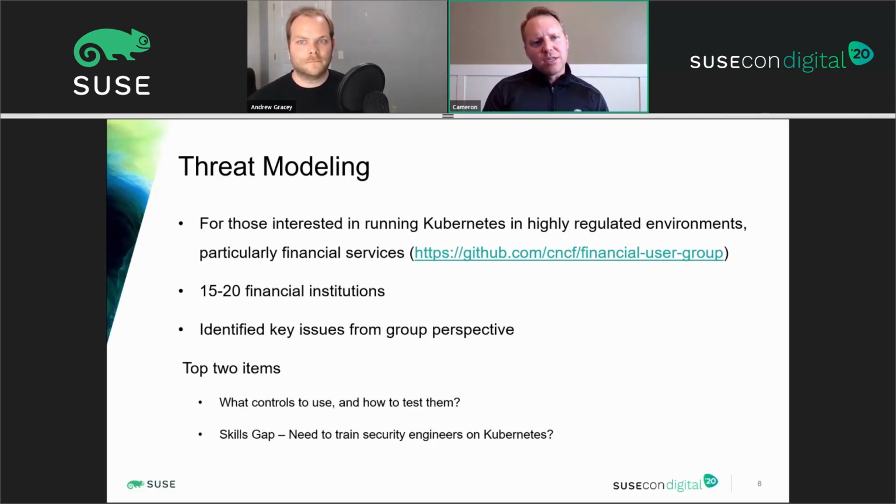There's an interesting study that's been done within the CNCF Foundation. There is a group, they call themselves the Financial User Group, and they've gone about analyzing about 15 to 20 different financial institutions. What they've done with this is they've used it as a model to create a prescription, essentially, to identify specific issues and different types of threats to a Kubernetes environment.